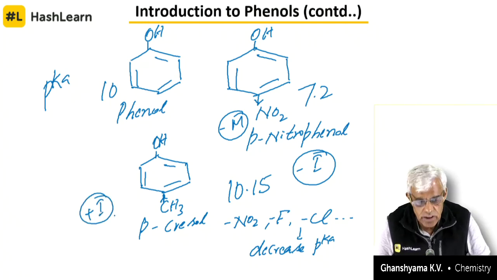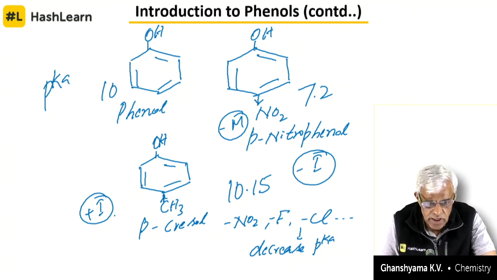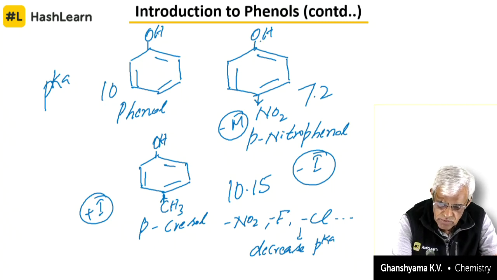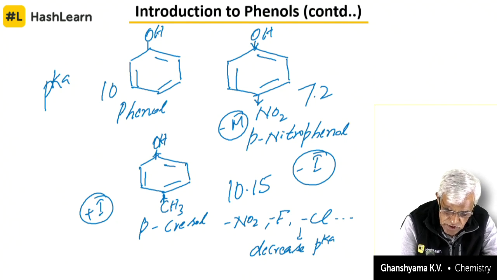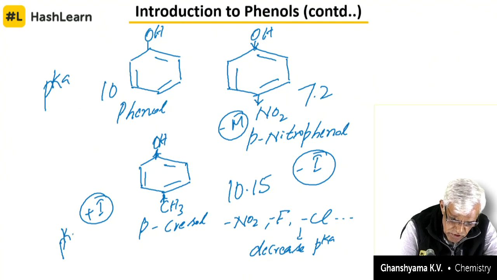This makes phenol a weaker acid because it is pumping the electrons towards OH group. Here electrons are moving away from OH group, here electrons are moving towards OH group. Therefore, plus I effect will increase the pKa value.